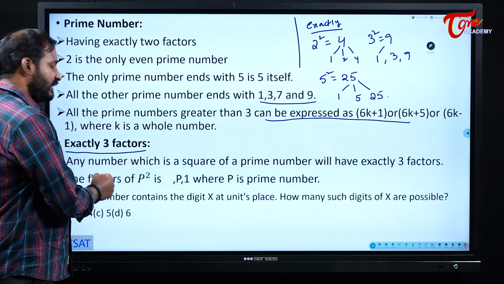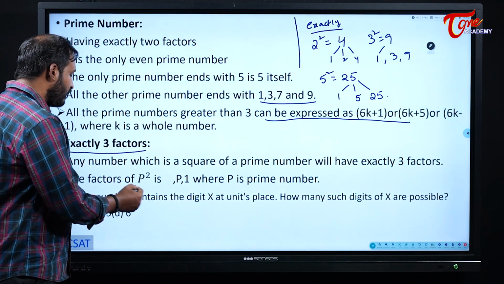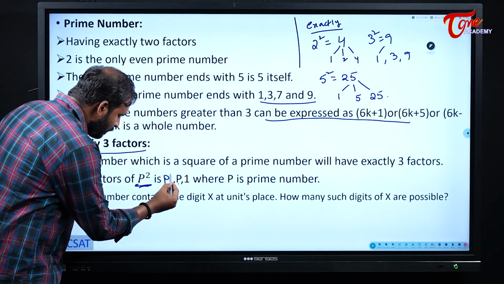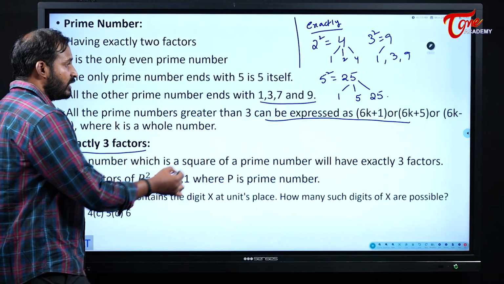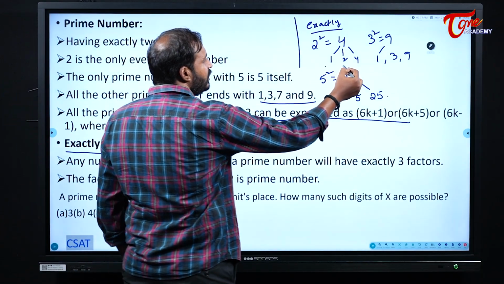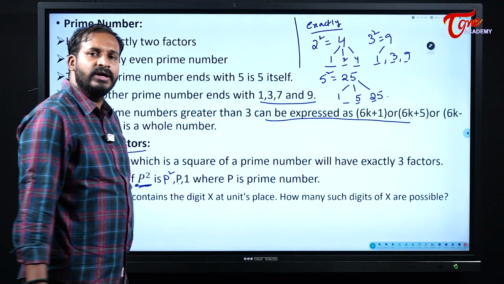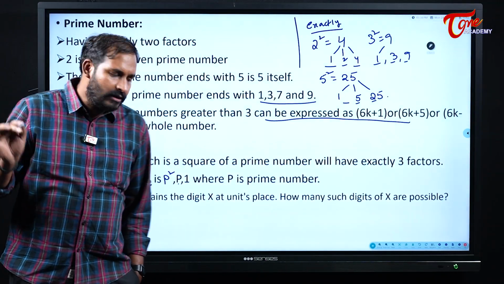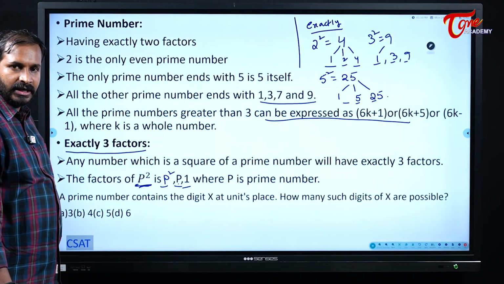Will have exactly 3 factors. The factors of p square are p square, p and 1, where p is the prime number. Take the square of any prime number, its factors are p square, p and 1. Okay.